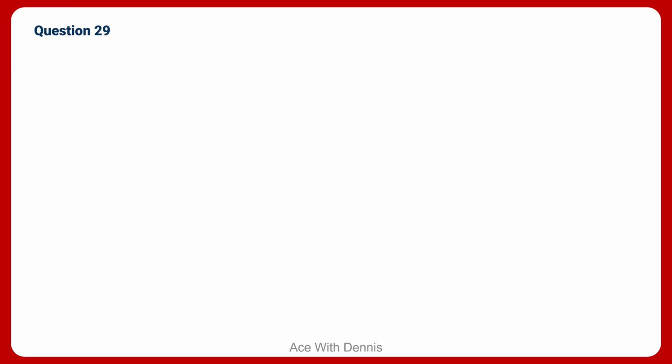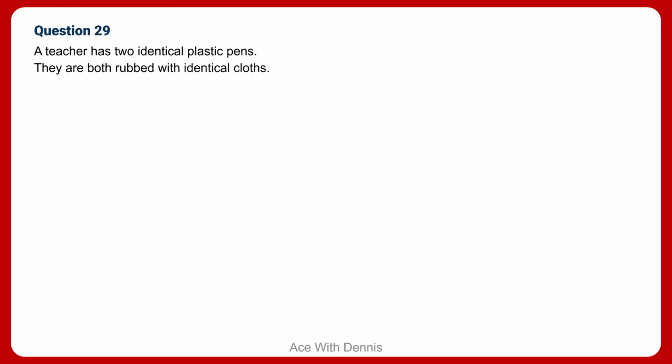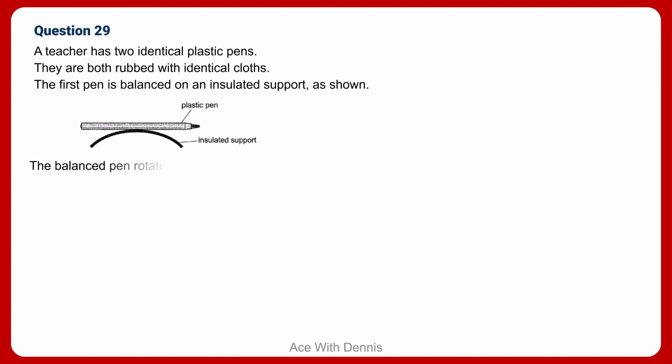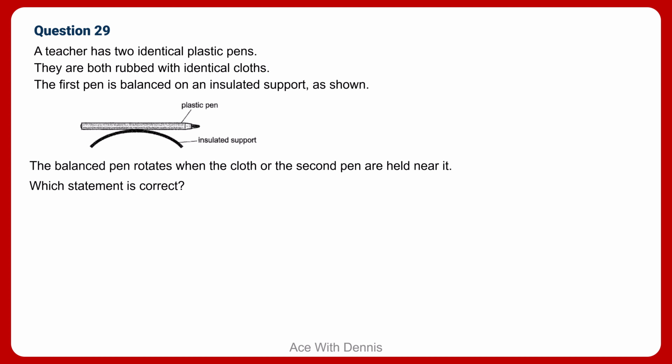Question 29. A teacher has two identical plastic pens. They are both rubbed with identical cloths. The first pen is balanced on an insulated support as shown. The balanced pen rotates when the cloth or the second pen are held near it. Which statement is correct?